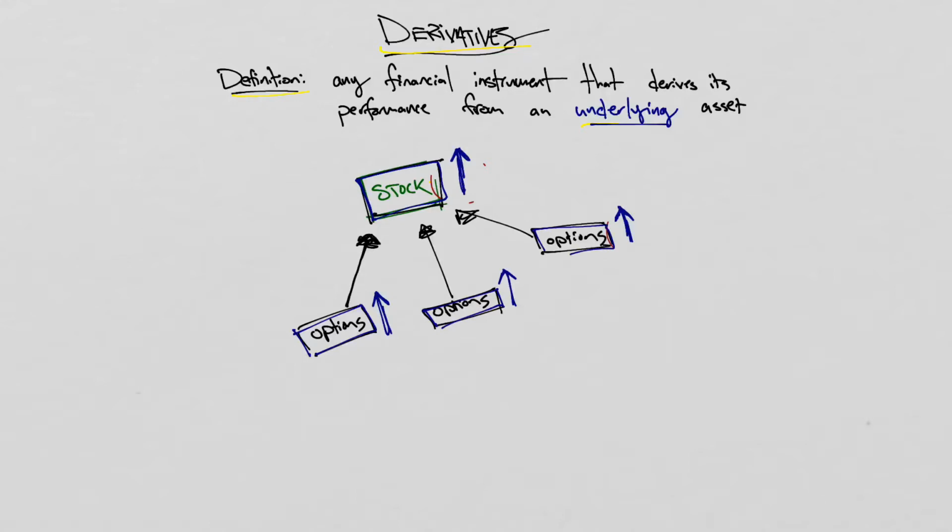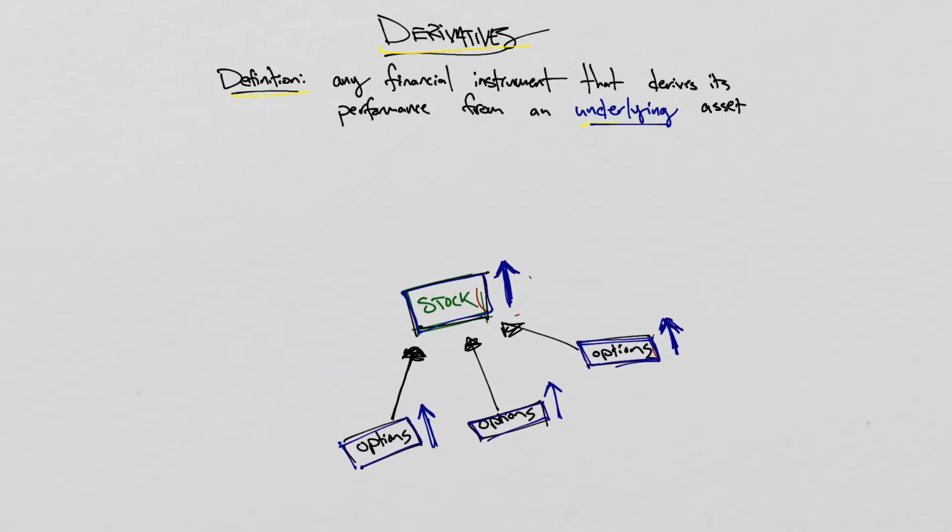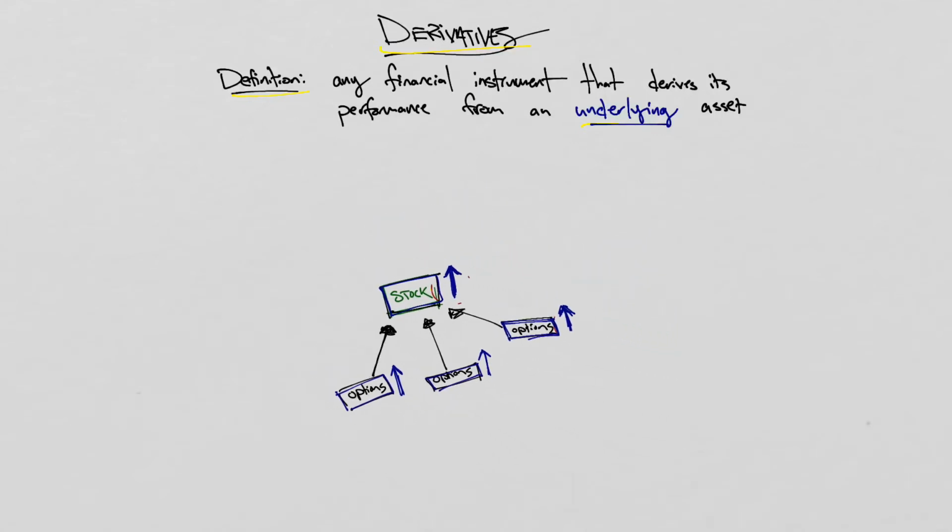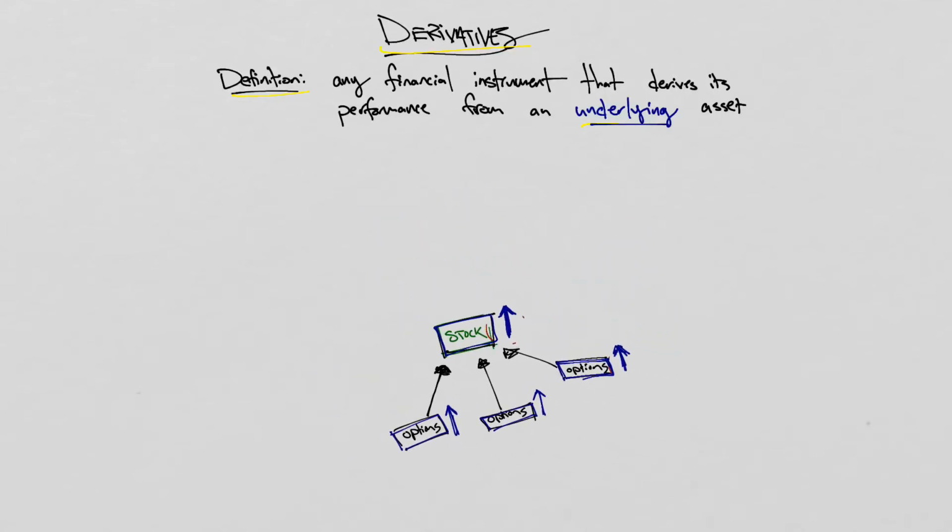This positive relationship, when the stock goes up, the derivatives linked to it go up, has an important implication, and it's the reason why derivatives are used in the first place. Because derivatives are used for risk management.